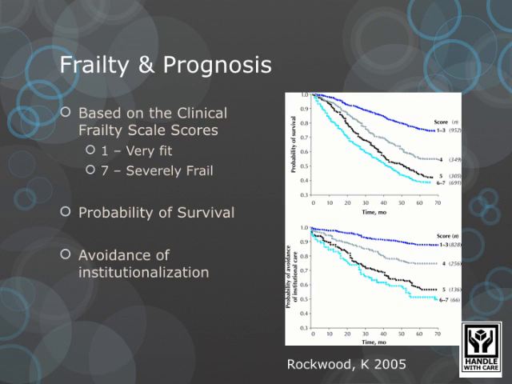And so here you can see there's separation quite early on in terms of time, and people that have low scores survive longer. And about institutionalization, we have basically the same kind of pattern. So increasing scores, increasing risk of institutionalization. Increasing scores, increasing risk of death.